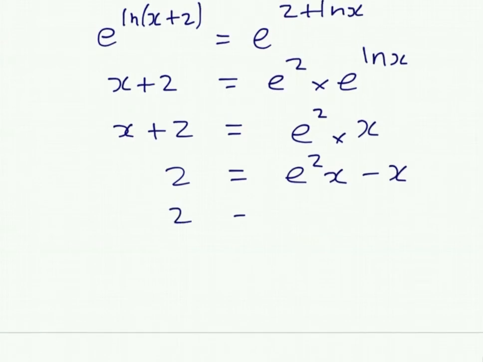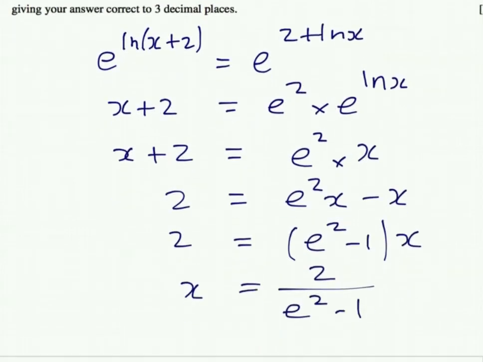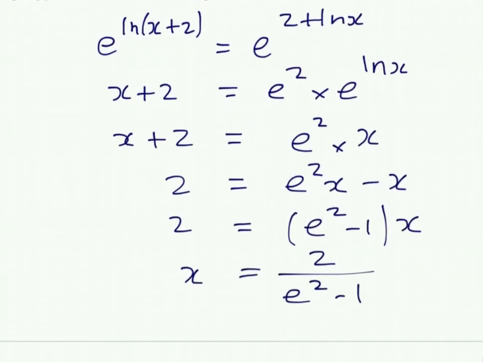So now we've got a common factor on the right hand side, and now we can get x on its own. x is 2 over e squared minus 1. It does say 3 decimal places, but I'll just leave it as an exact value. In a lot of tests and exams that you have to do this, they definitely ask you to give your answer exactly.